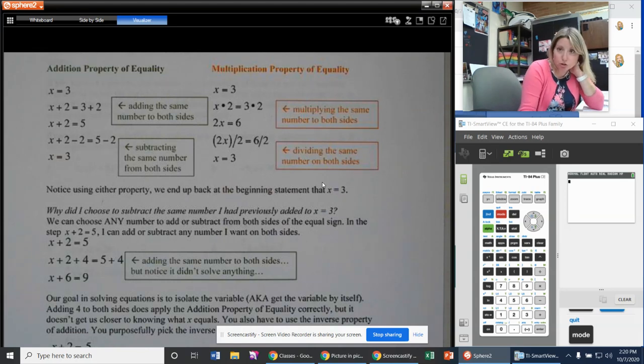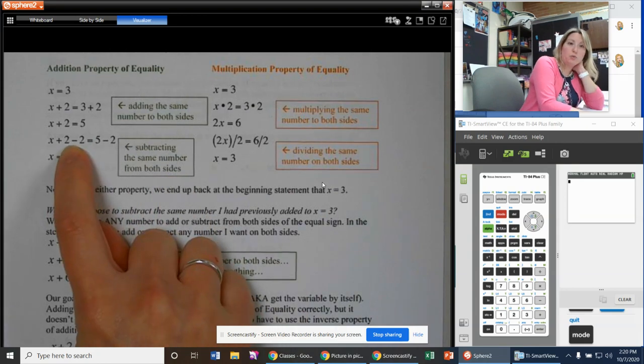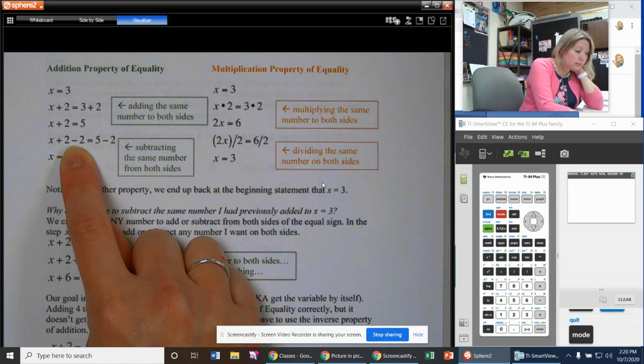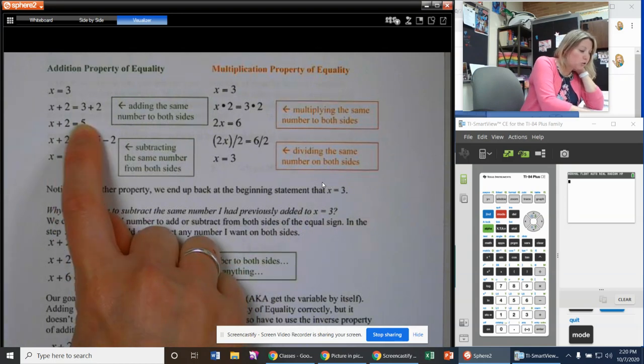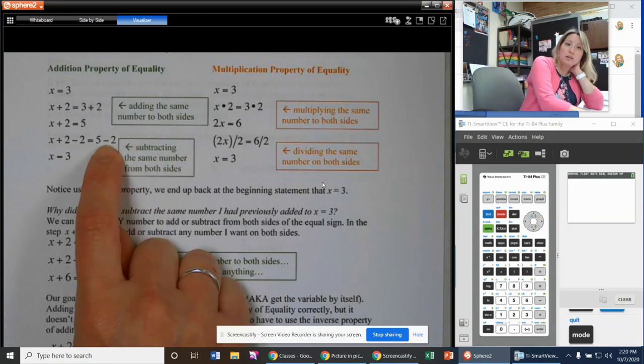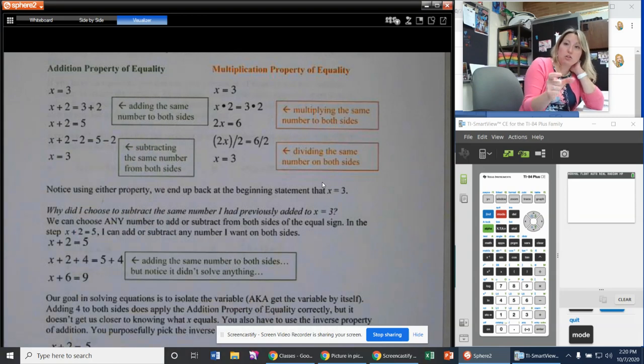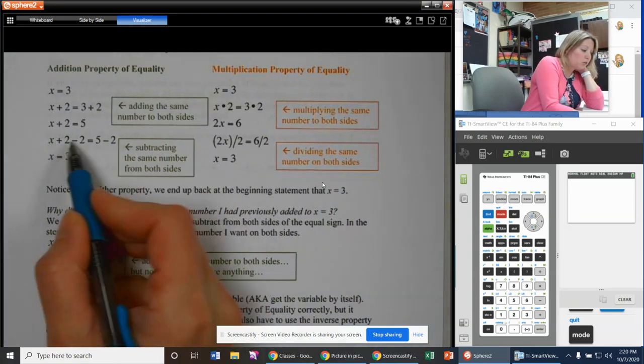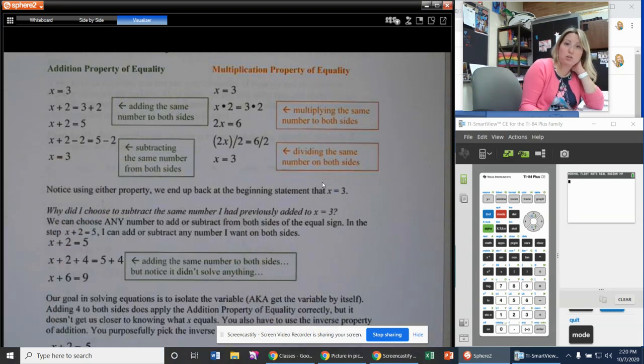You are making the choices of what to add and subtract to both sides using an inverse, right? The opposite of 2 is -2. And if you subtract 2 to both sides, you have now canceled this 2 out because now you've got 0 over here. But this now has to do the same thing. Whatever you've chosen to do here, you have to do here. And that's what we do.